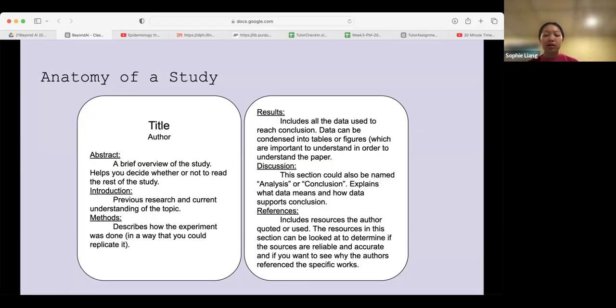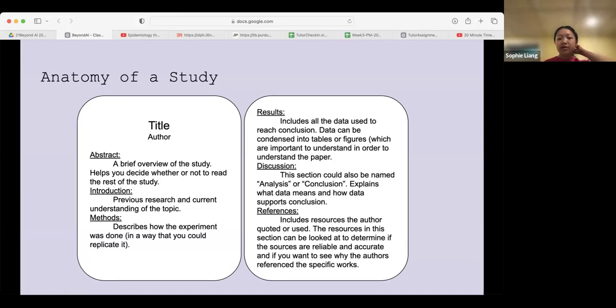And then they'll all start with an abstract, which is a brief overview or summary of the study. This section is just to help you decide whether you want to read the rest of the study or not. So if it seems like the information could be relevant to you, then you'll want to read the rest of it. But if it's completely unrelated, then you might want to read something else and not waste your time reading the rest of it.